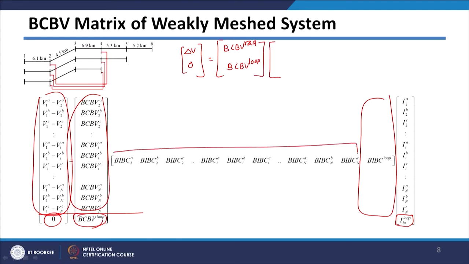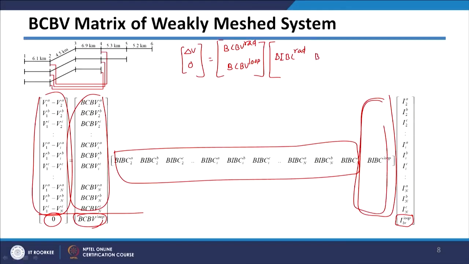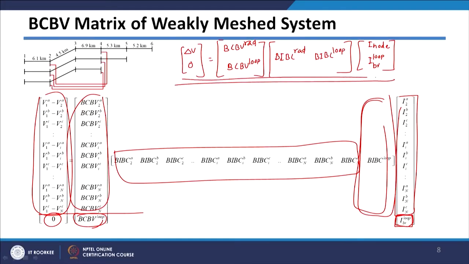This part of BIBC is radial, and this part of BIBC is loop, and it is getting multiplied with this part, which is the nodal currents I, and this part is the branch current in loop forming branches. So, basically the structure of your system will be something like this.